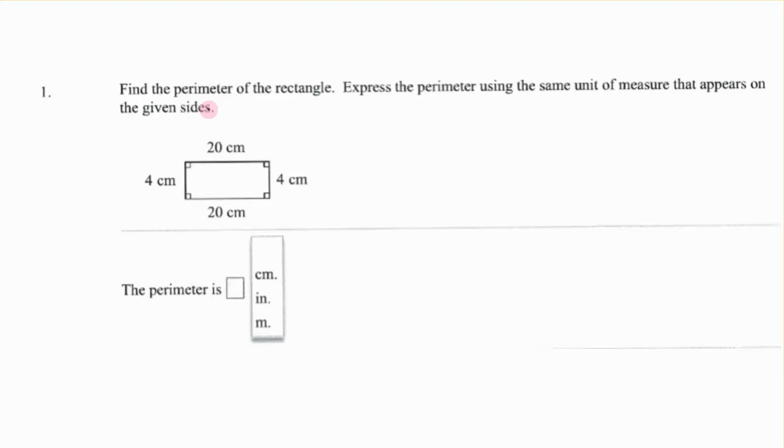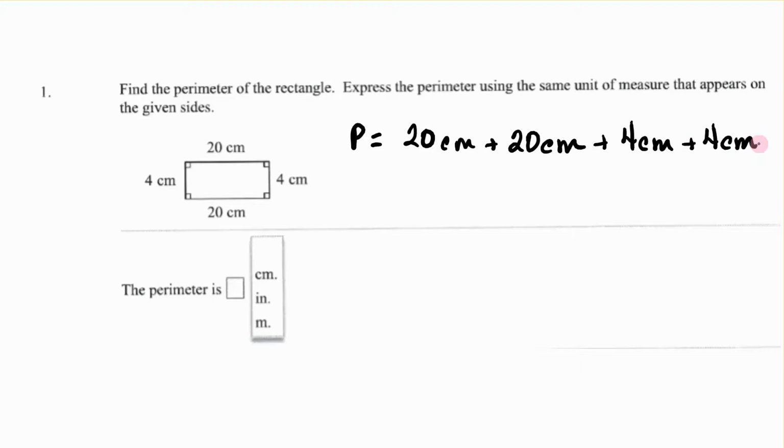All right, this is what I like to do. Perimeter is equal to the sum of all the sides. That means I need 4 numbers added up. It is 20 centimeters plus 20 centimeters plus 4 centimeters plus 4 centimeters. It does not matter what order you do that.